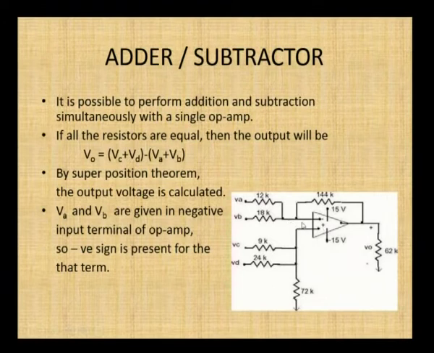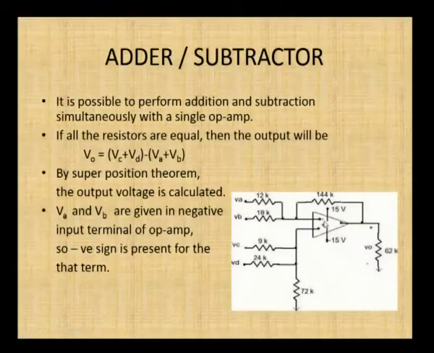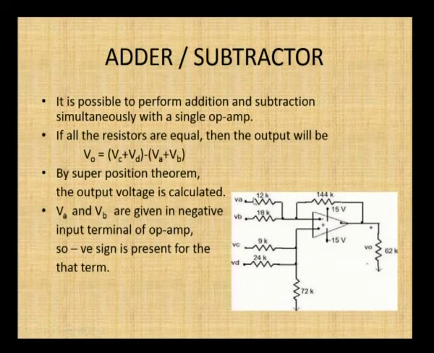Again there is a feedback given to the negative terminal, and here this is the compensation resistance, which compensates the effect produced by the input bias current, which we have seen already in the previous session. So, here VA, VB is given to the negative terminal, VC, VD is given to the positive terminal, and if we do not bother about these resistors, what may be the output of this circuit?